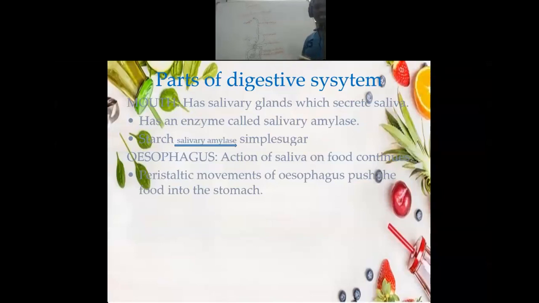A movement known as peristaltic movement happens in the esophagus, where the food mixed with saliva is pushed into the stomach.